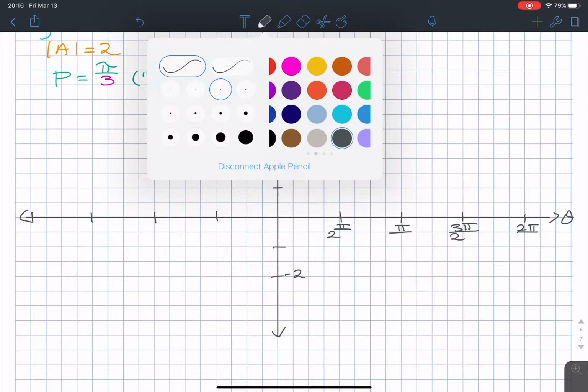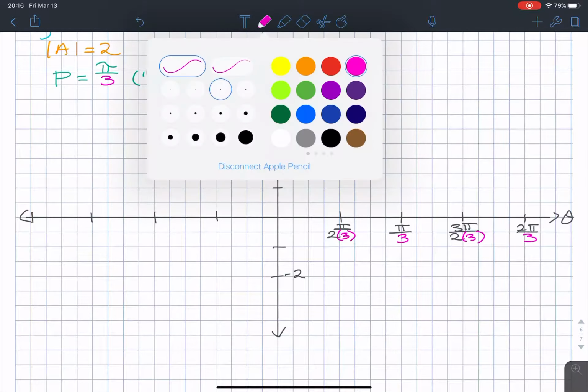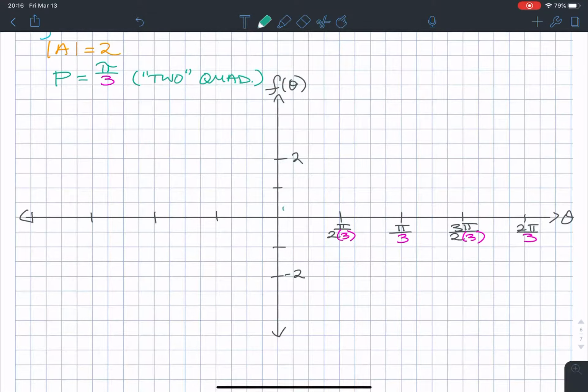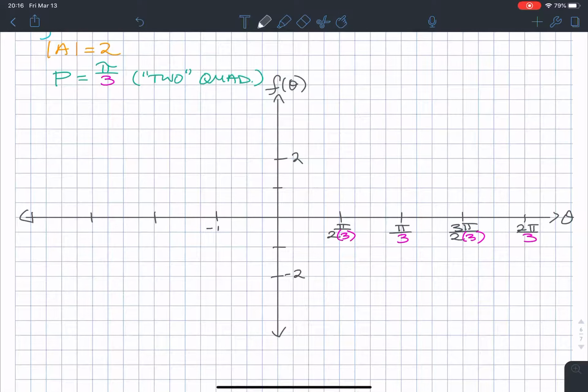Is that something still 3? Well, yes, because notice, dividing each element by 3, so the same as I would otherwise, gives me the fact that 2 quadrants here, the length of 2 quadrants is indeed pi over 3. Okay, so going backwards, those would correspond to minus pi over 6, negative pi over 3, negative pi over 2, and finally negative 2 pi over 3.